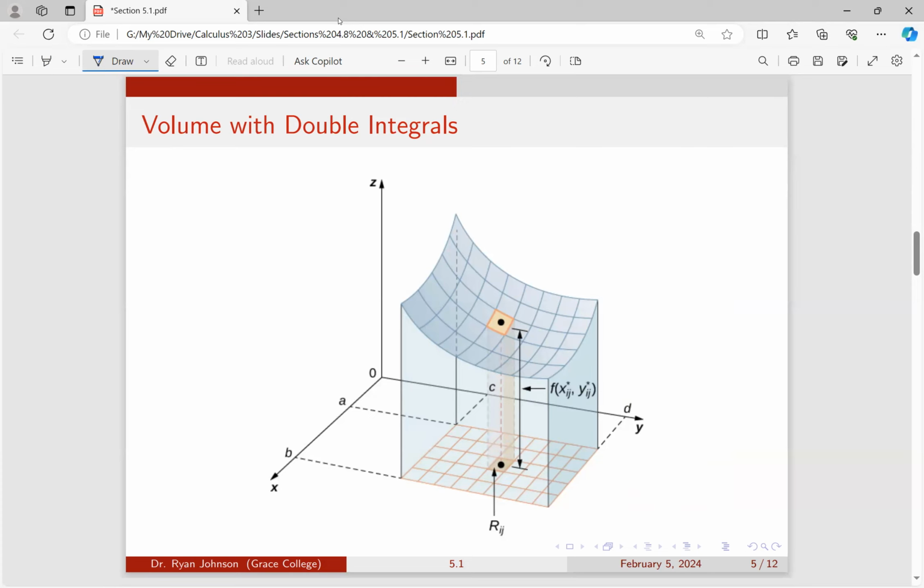I need to figure out the best metaphor here. But we're taking that volume and approximating it with a rectangular prism. And just like how in Calc 1 we approximated with little rectangles, now we're approximating with rectangular prisms.